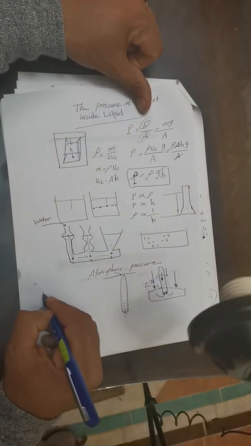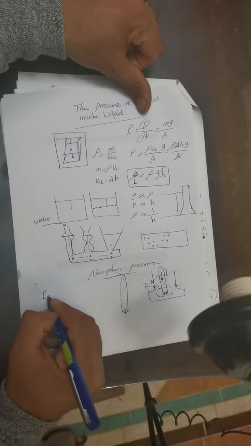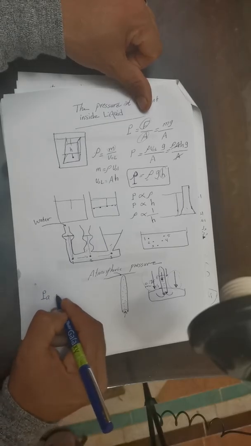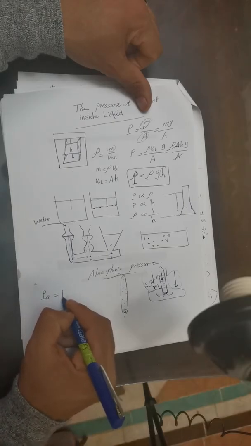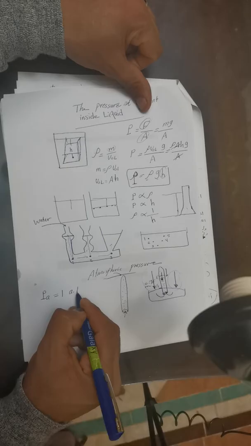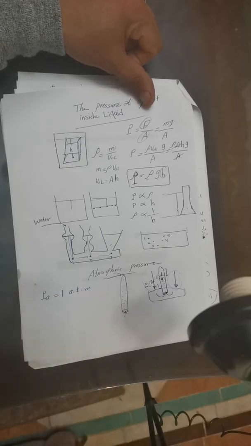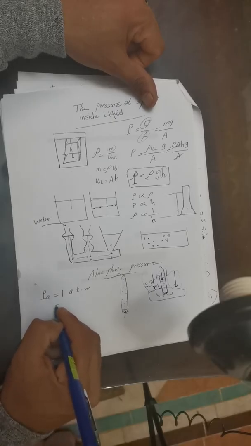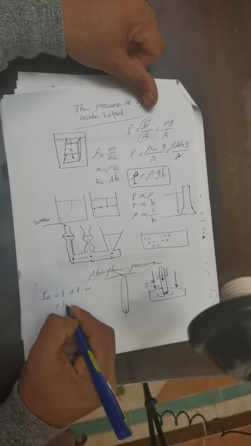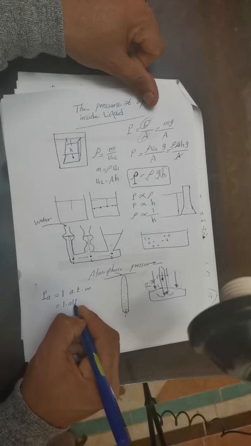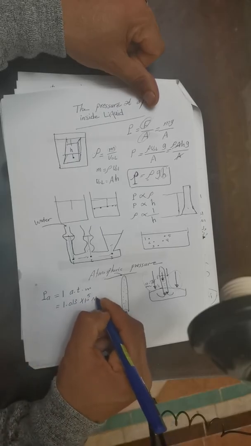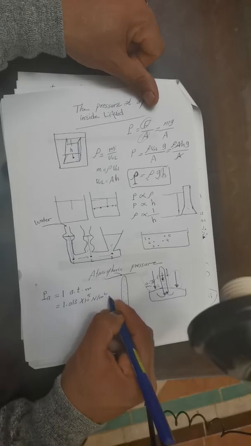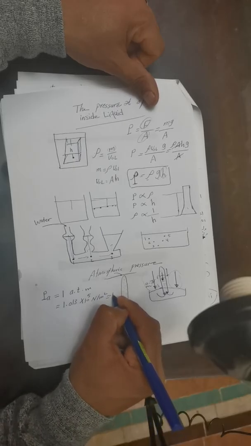Atmospheric pressure, PA, equals 1 ATM, equals 1.013 multiplying 10 power 5 Newton per meter square, equivalent to Pascal.